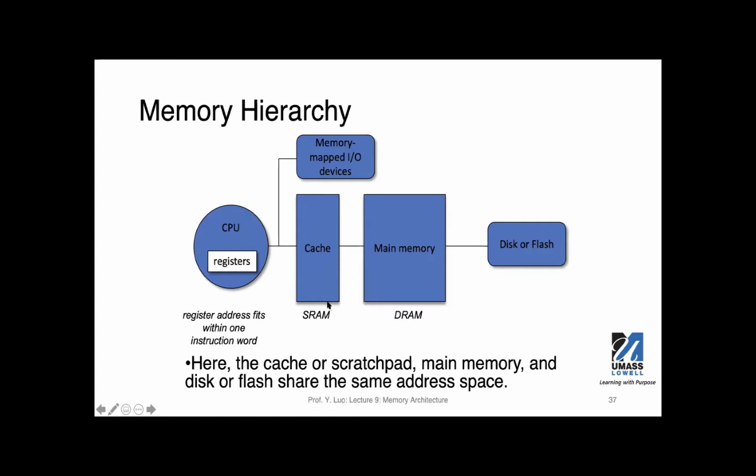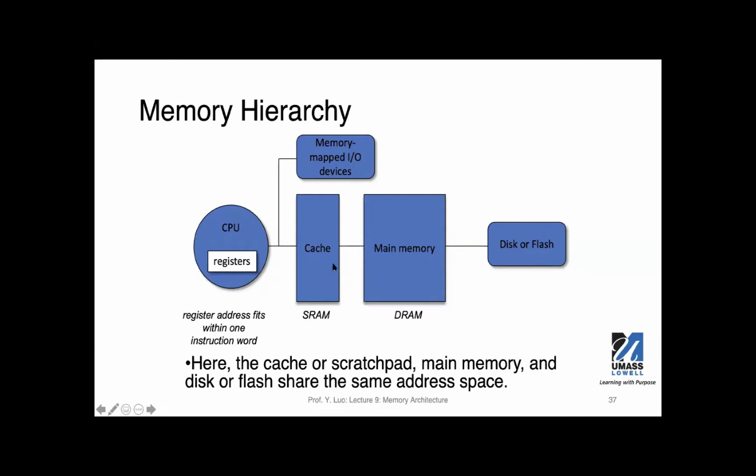That's the reason we say cache is managed by the CPU hardware, and you really don't have to worry about how to manage the data in the cache. If it is a scratchpad, it may or may not be on the chip, but in most cases it will also be on the microprocessor chip.